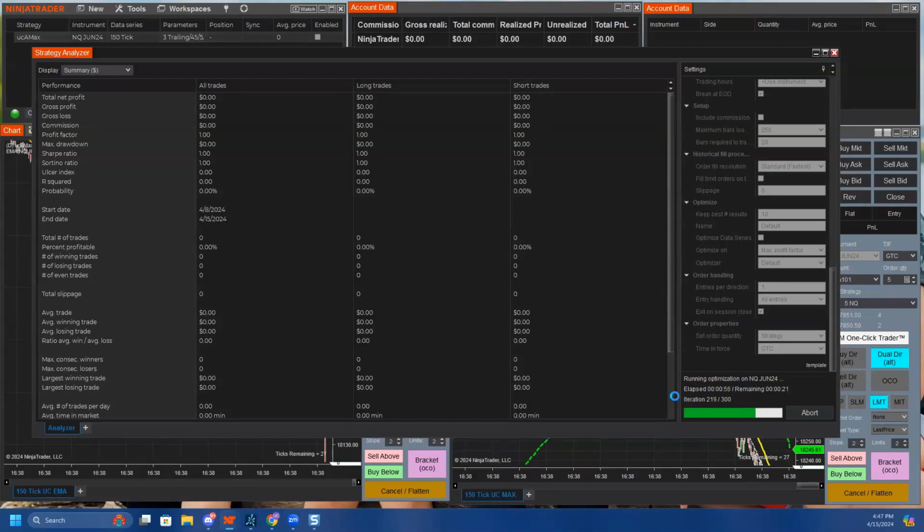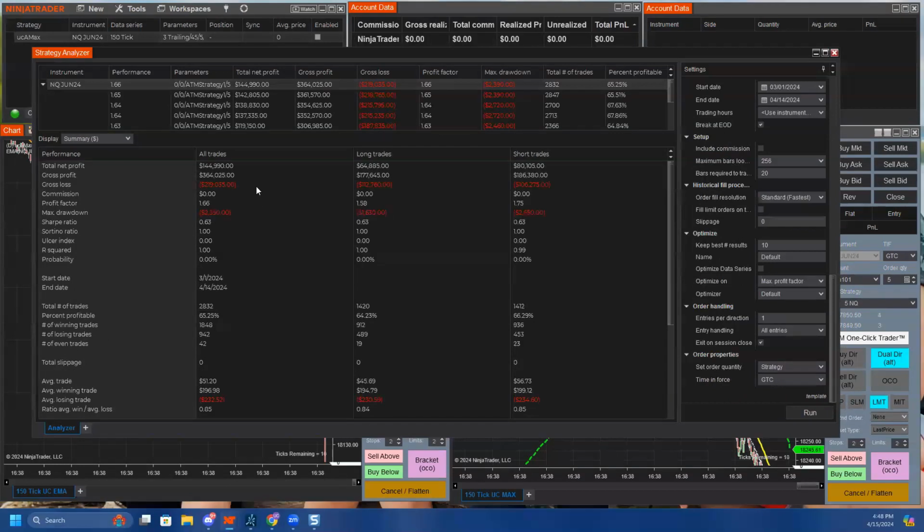So this kind of calculation sometimes requires the computer to be really powerful if you were to run this for multiple months at a time. Otherwise, it can crash the application. Okay, let's see what we get.